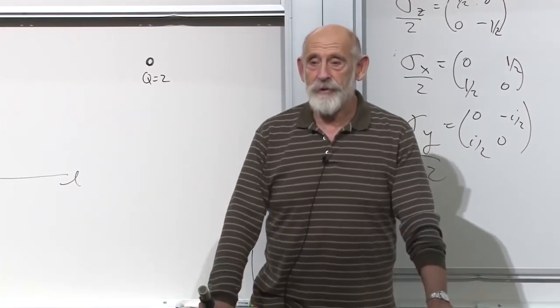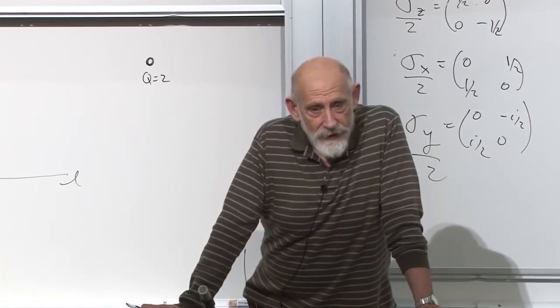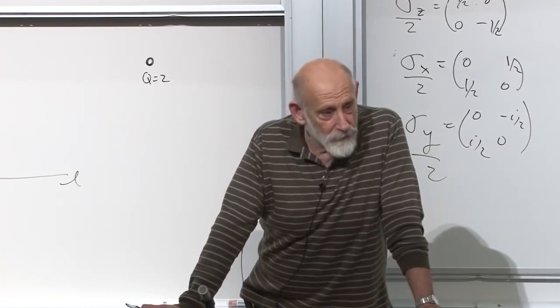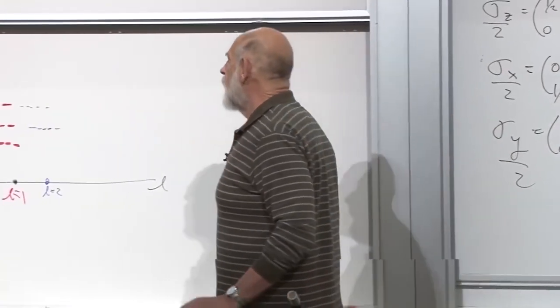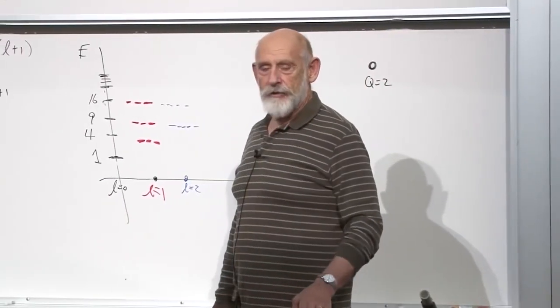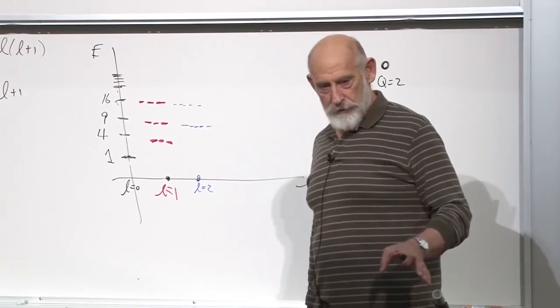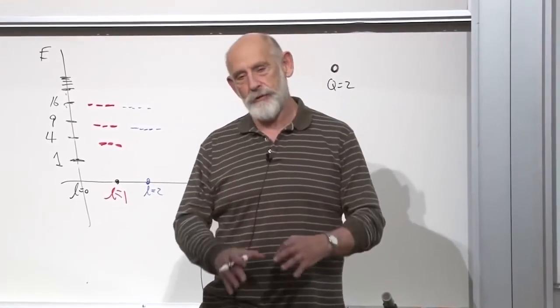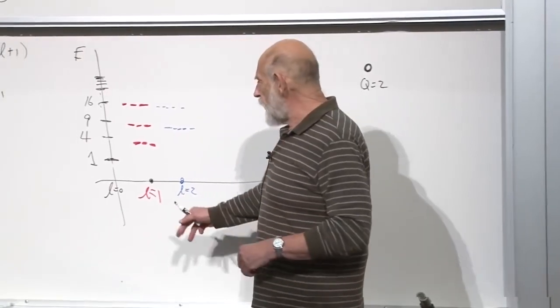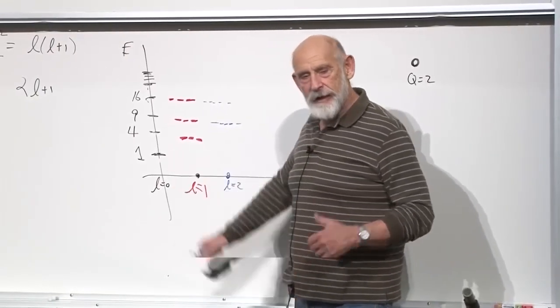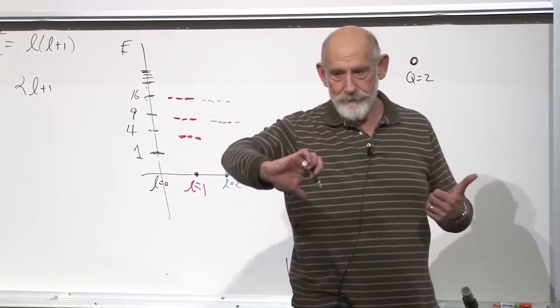But let's give them the new property, which Pauli eventually realized had something to do with angular momentum, and said, you can put 2 electrons into the same orbital angular momentum state if you give them opposite spin.